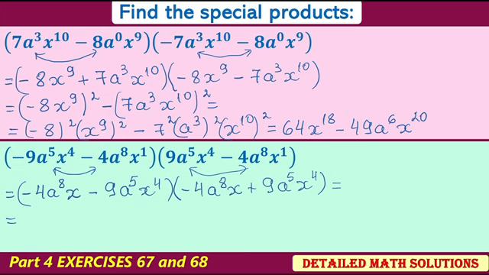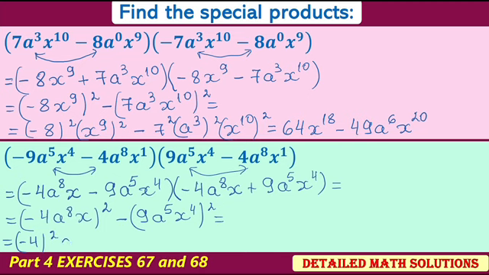When I apply the formula, I have minus 4a to the 8th power x in parentheses squared minus 9a to the 5th power x to the 4th power in parentheses squared. This equals minus 4 in parentheses squared a to the 8th power in parentheses squared x squared minus 9 squared a to the 5th power in parentheses squared x to the 4th power in parentheses squared.